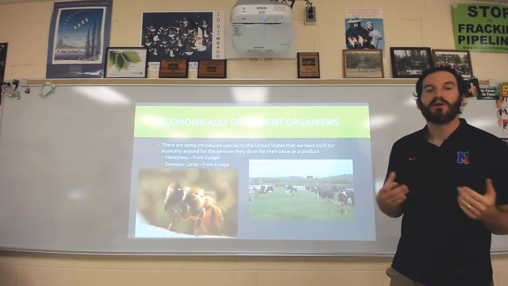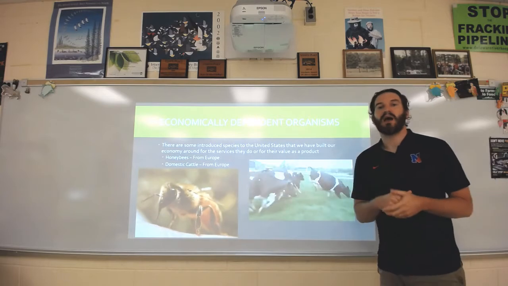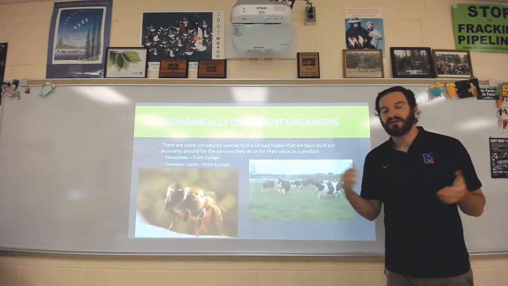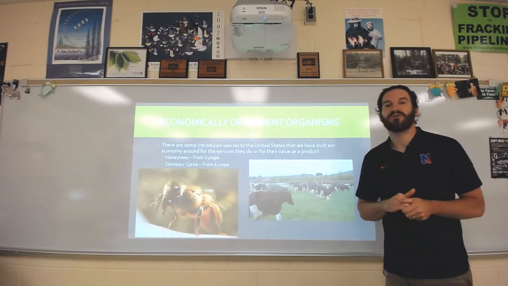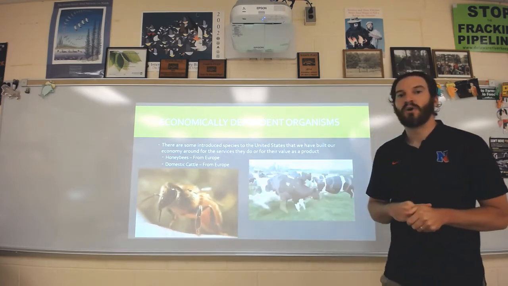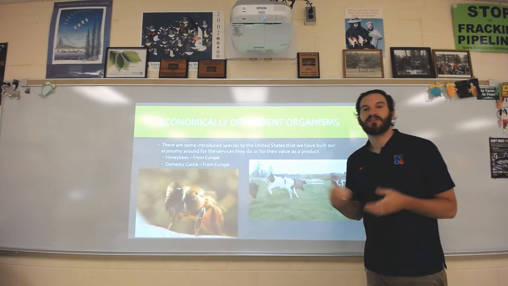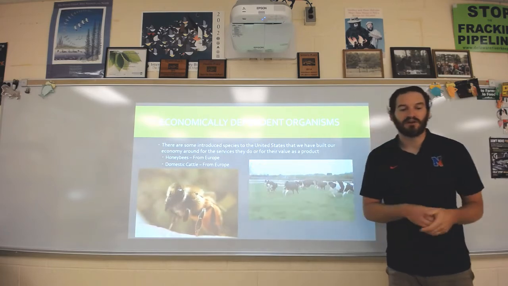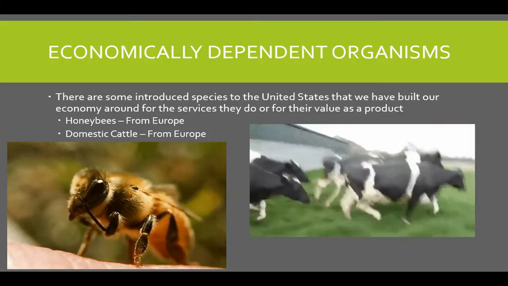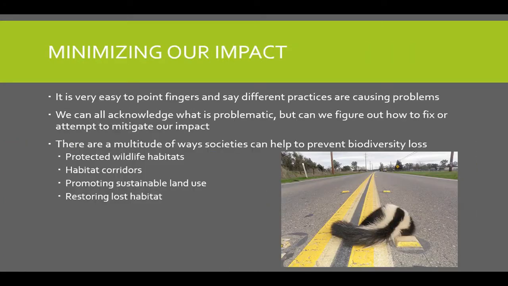People use milk and beef, leather, and other byproducts of cattle. They were all brought over, domesticated from an ancient species of cattle called the aurochs, which existed over in Europe. And then we brought it over here, and we've expanded on cattle, and you'll find them all around the world. So how do we minimize our impact?